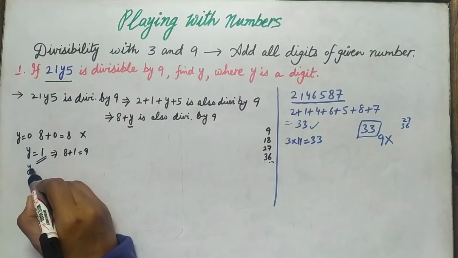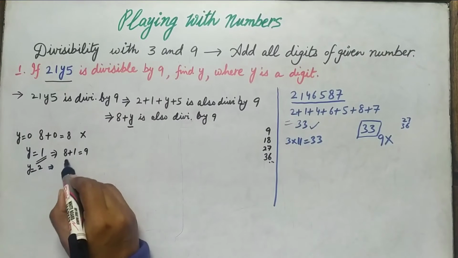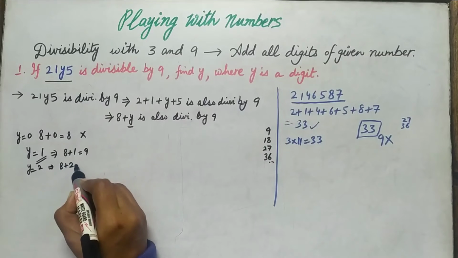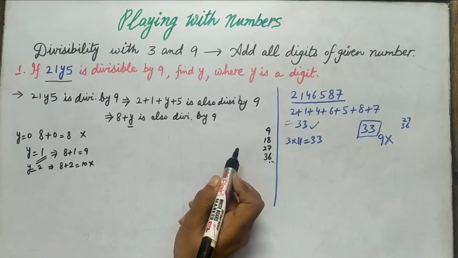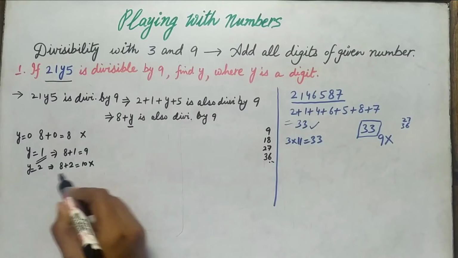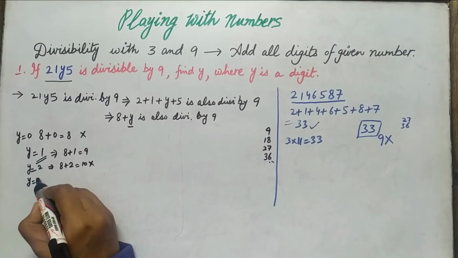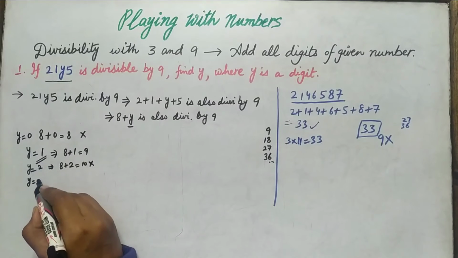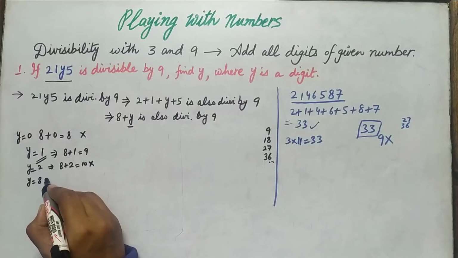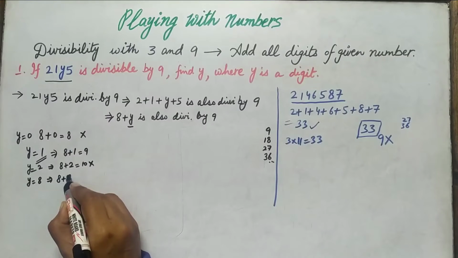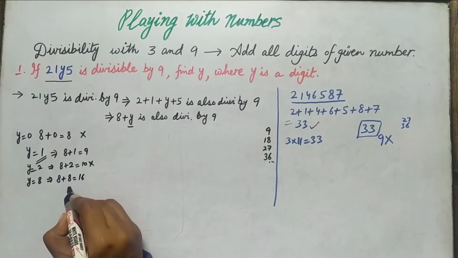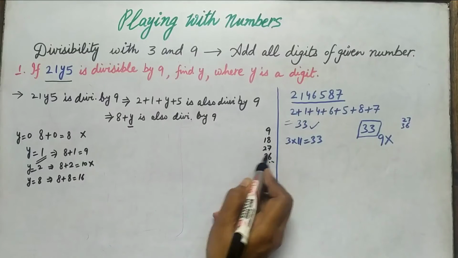Then we put y equal to 2. The sum becomes 8 plus 2, 10. No, it is not in the table. We leave this. Next we try y equal to 8. The sum becomes 8 plus 8, 16. 16 is not in the table.